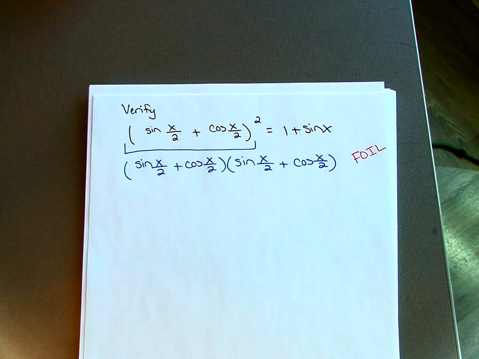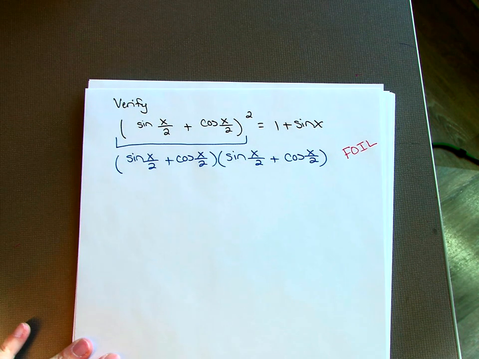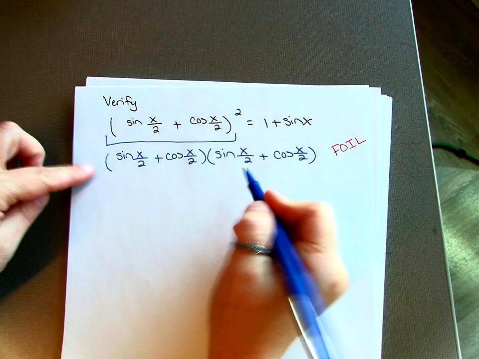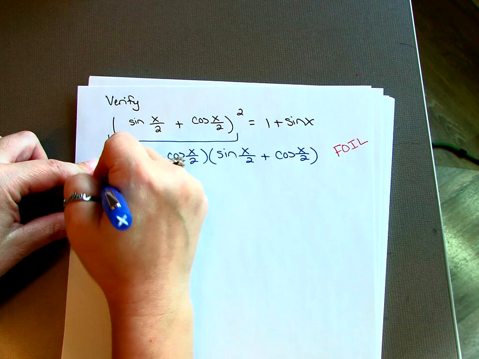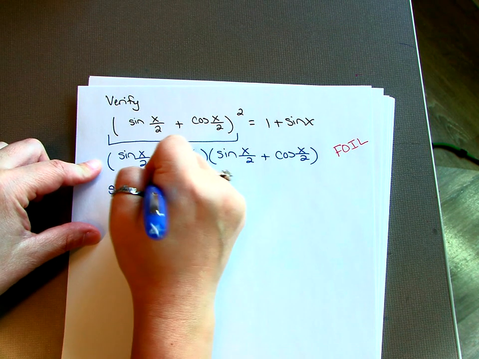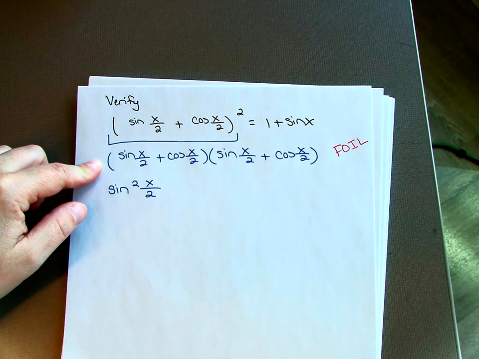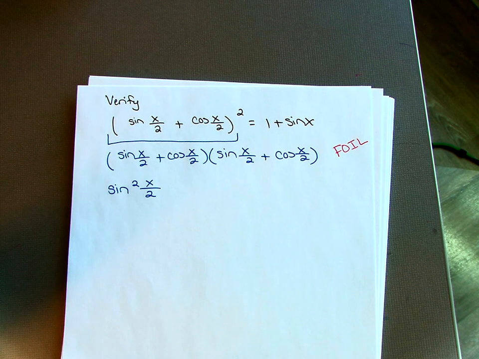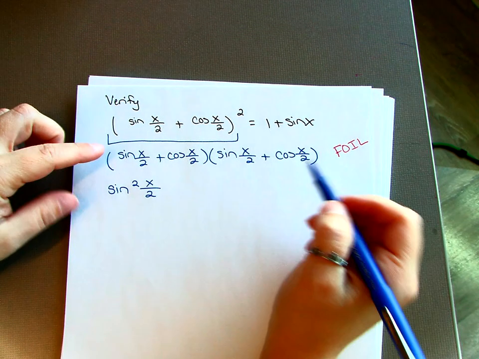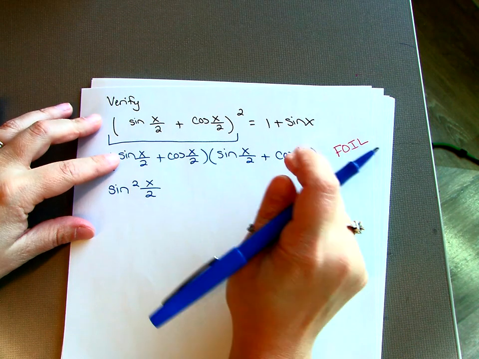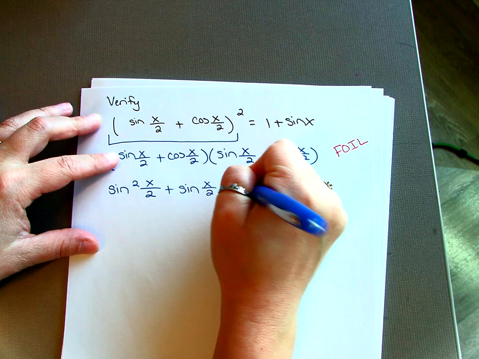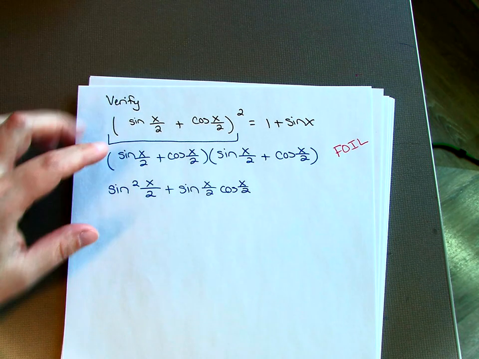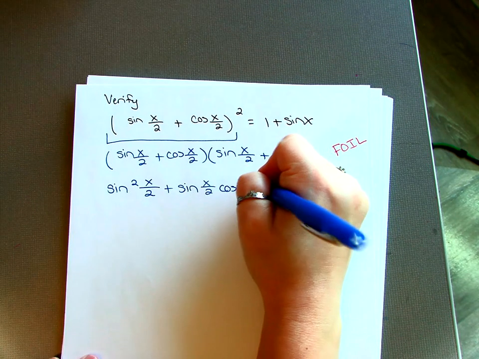FOIL means first, outer, inner, last. So if I do my first, I'm taking sine of x over 2 times sine of x over 2. That gives me sine squared of x over 2. Notice that what's inside of my sine is not what's changing. I'm taking sine times sine, which gives me sine squared. If I do my outer, I'm taking sine times cosine, so that'll give me sine cosine. I get the exact same thing if I do the inner: sine cosine.